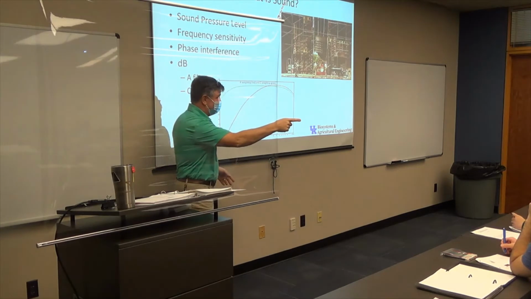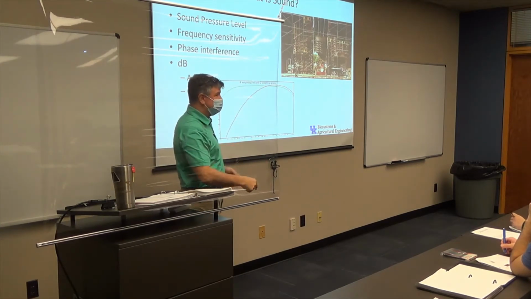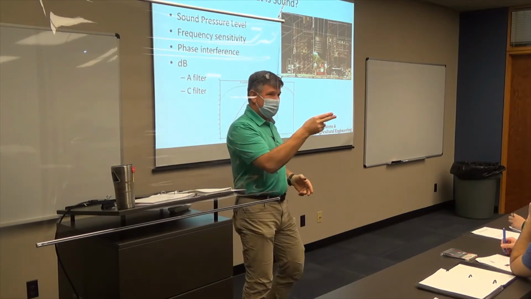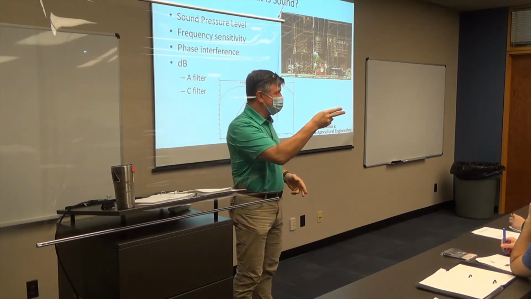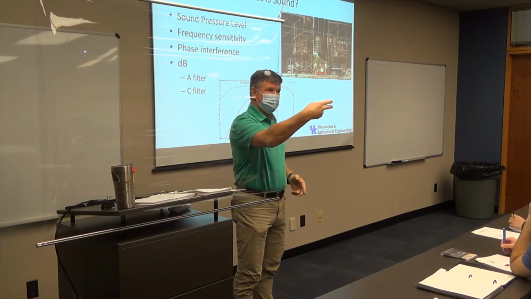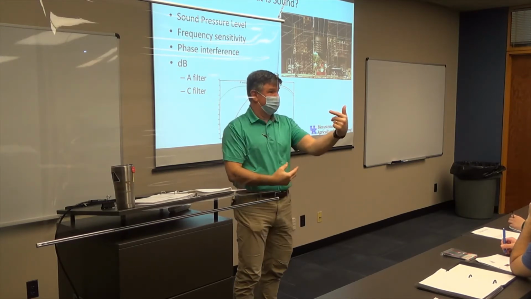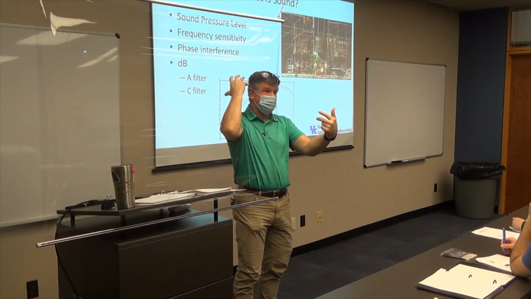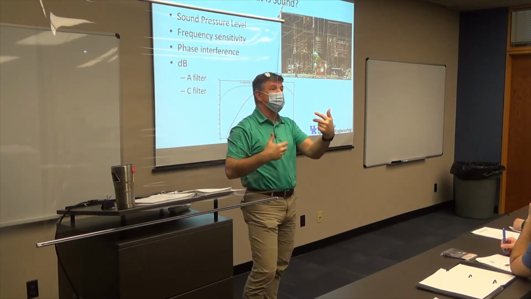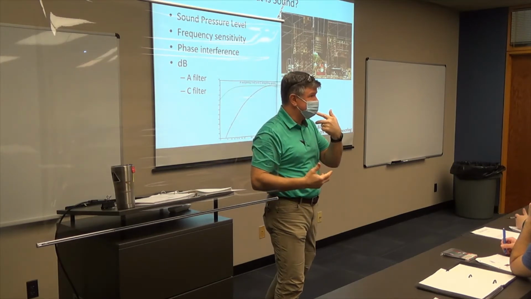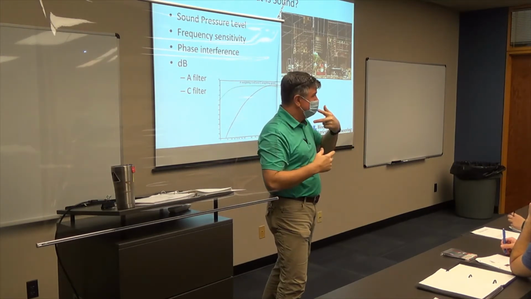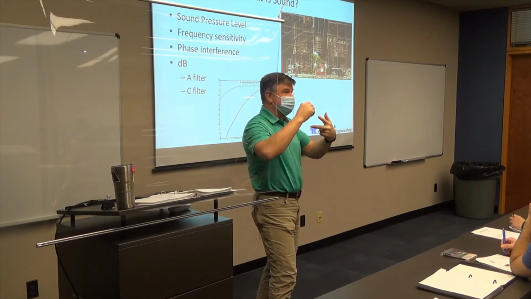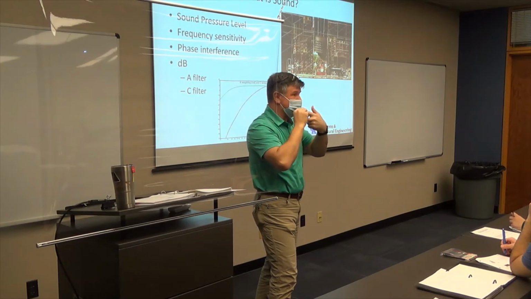There's a lot of filtering going on. But the neat thing that they do is phase interference. Every one of those stations has two microphones pointed back at the singer. They're both picking up noise from the speakers behind. But when the singer gets up to the microphone, they stand in front of one of the microphones and not the other. So the top microphone is picking up stuff from the speakers and my voice.